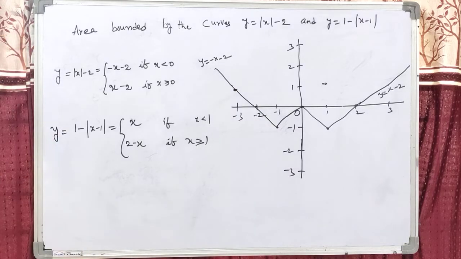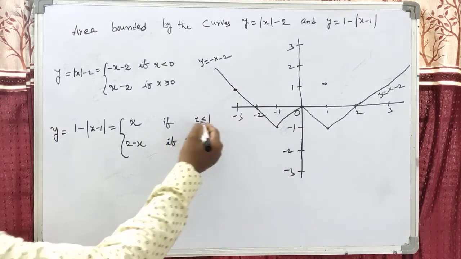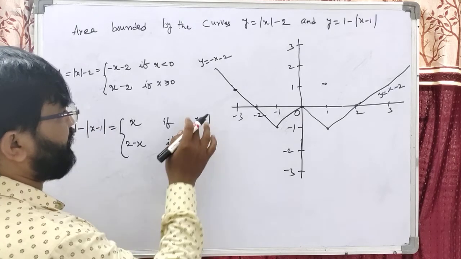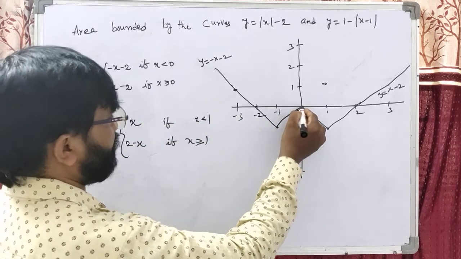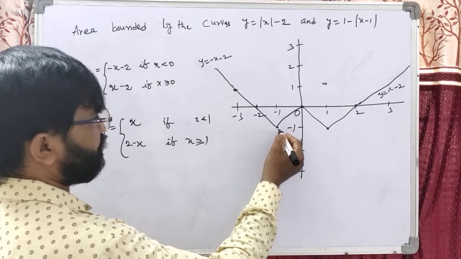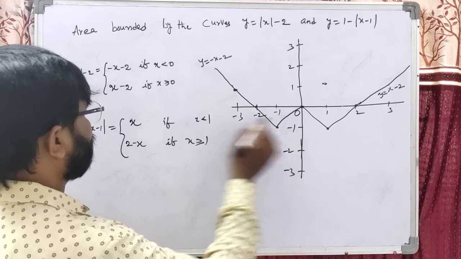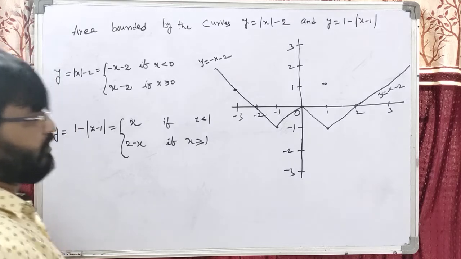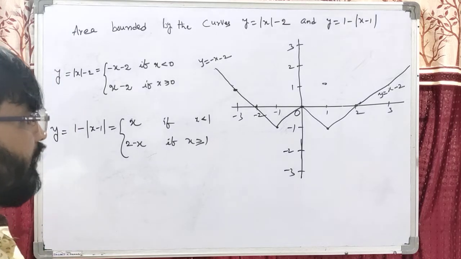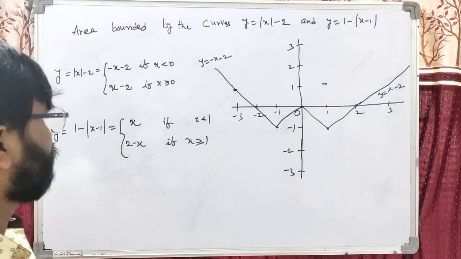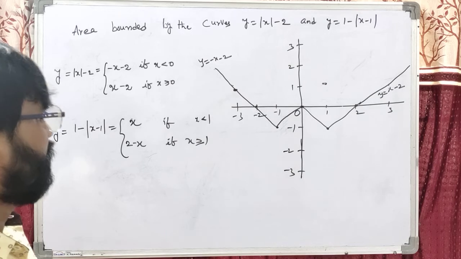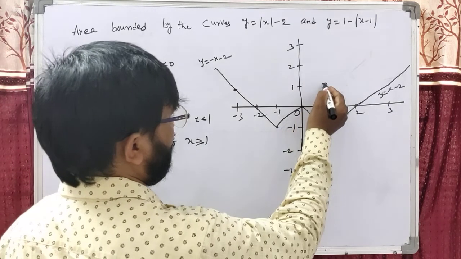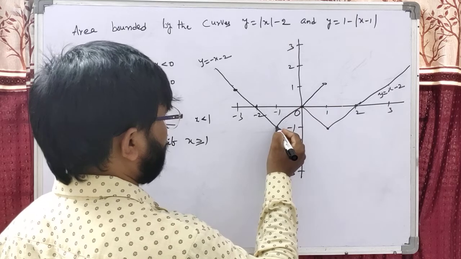Okay students, now the graph of this one, x less than 1. When we take 0, this is 0. When we take minus 1, minus 1. Then, dear students, 0, 0, 1, 1, like this, minus 1, 1.